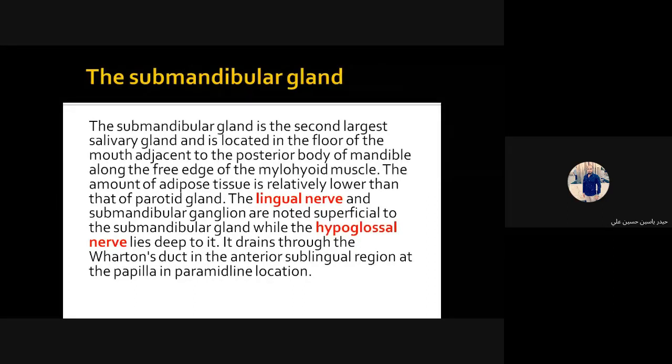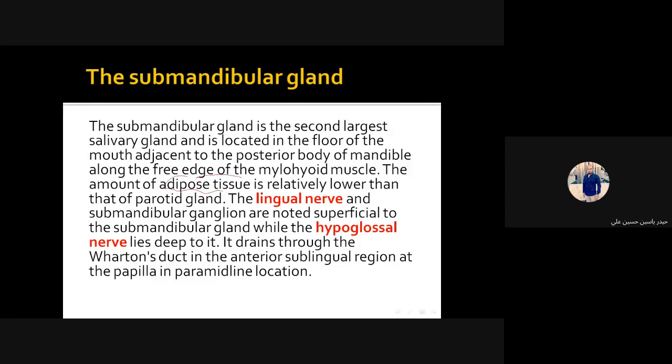As we said, it is located in the floor of the mouth adjacent to the posterior body of the mandible, along the free edge of the mylohyoid muscle. The adipose tissue in the submandibular gland is less than that in the parotid.